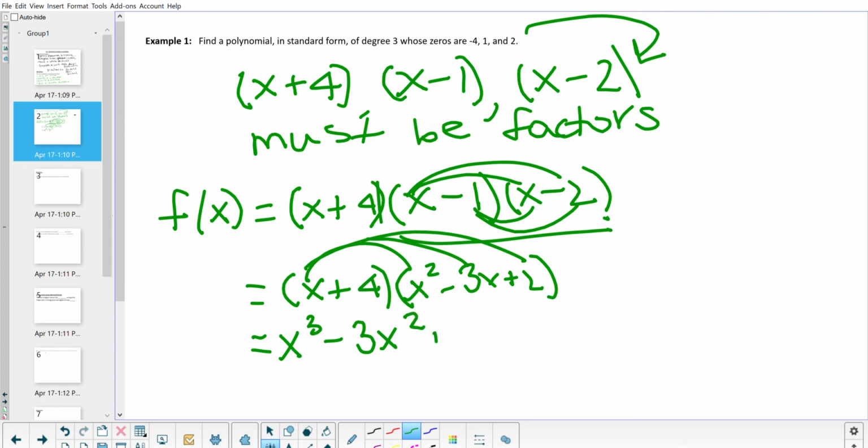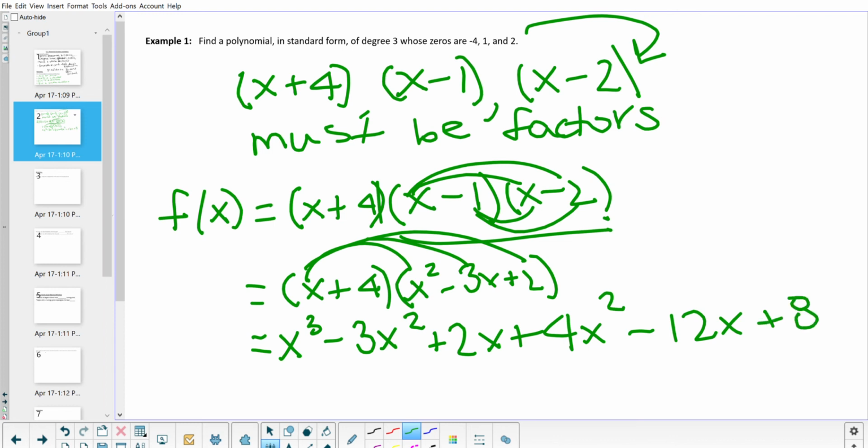Remember when you thought this was hard in Algebra 1? Like, oh my gosh, I have to multiply it that many times. Okay, and then final answer, I'm going to rewrite f of x so it looks nice in my final answer with combined like terms.